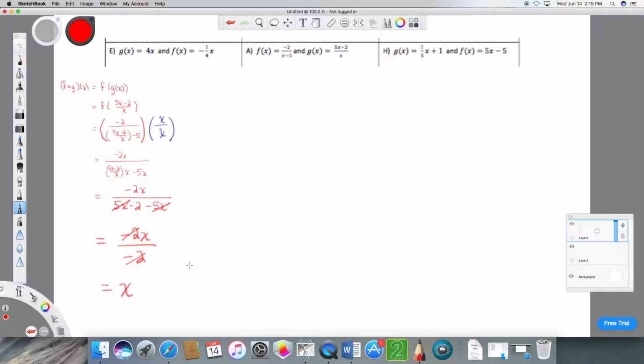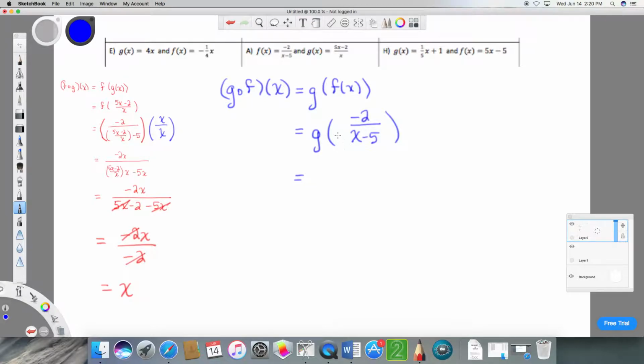So it's very likely that these two functions are inverses of each other, but we do have to do the composition the other way. The definition requires it. So here f is the input of g, and f is the ratio negative 2 divided by x minus 5.